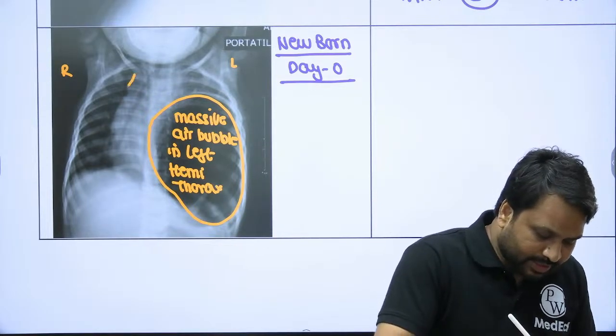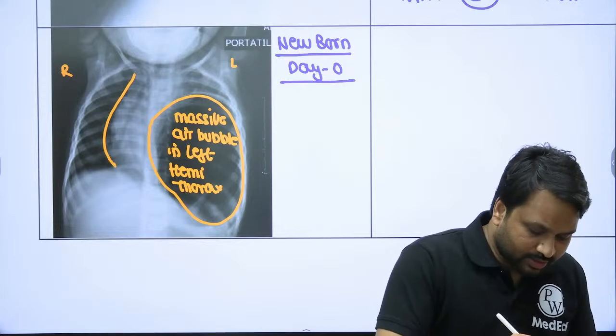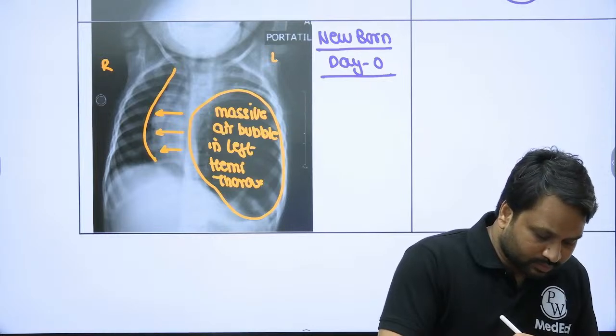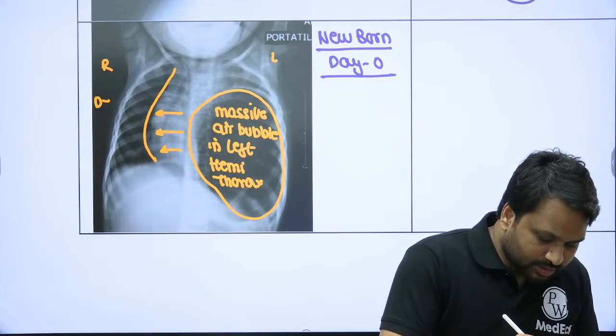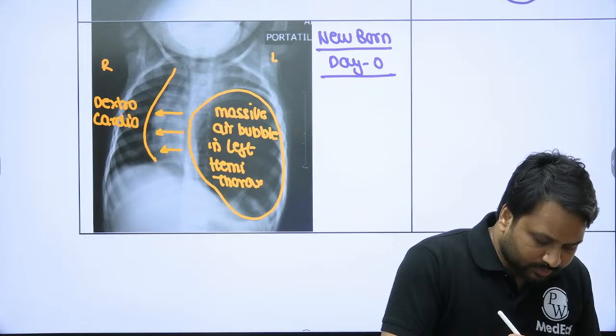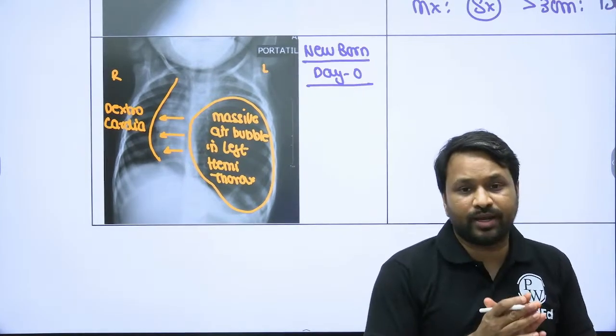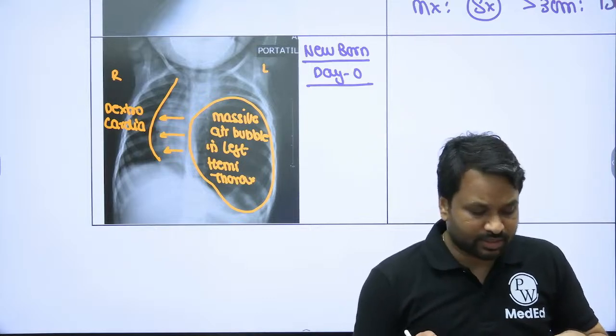You see the mediastinum shifted onto the other side, so this is dextrocardia. There is a massive air bubble in the left hemithorax, there is dextrocardia, and the baby will have respiratory distress at birth.